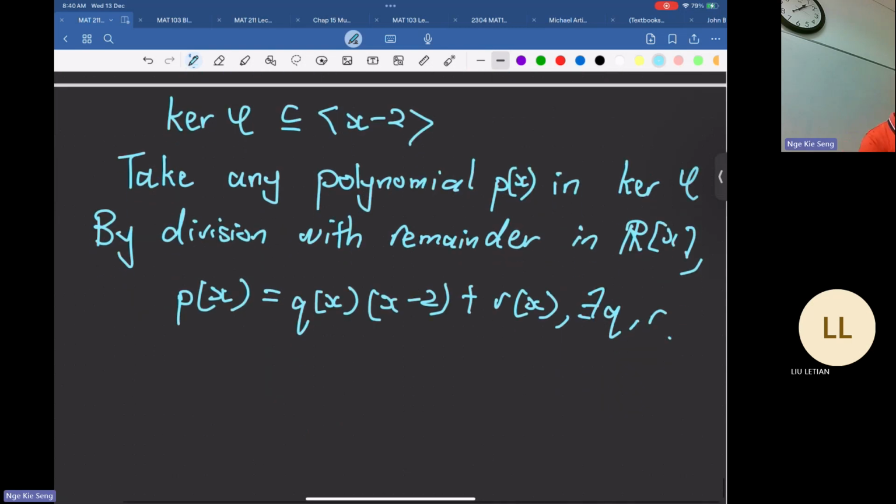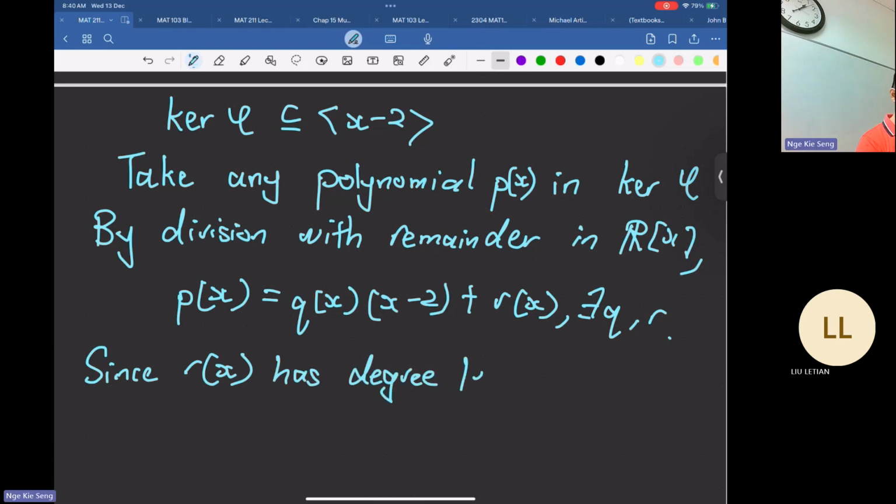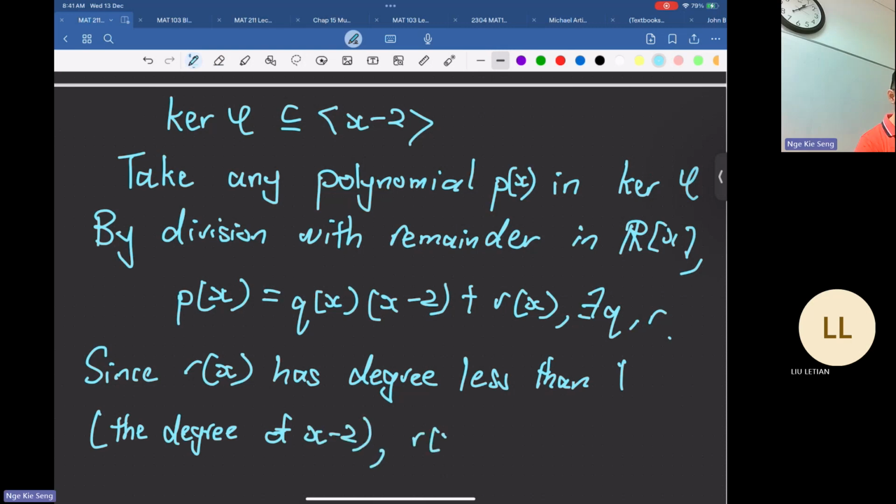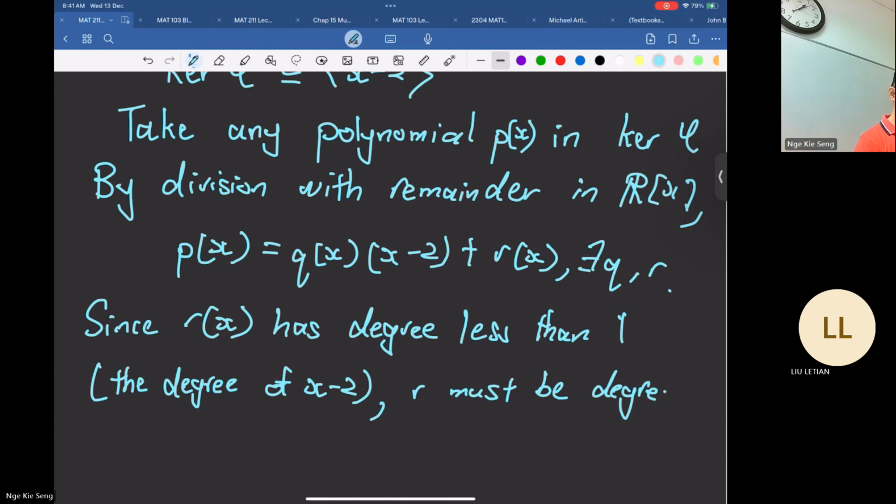So since R(X) has degree less than 1, or less than the degree of X minus 2, then R must have degree 0.